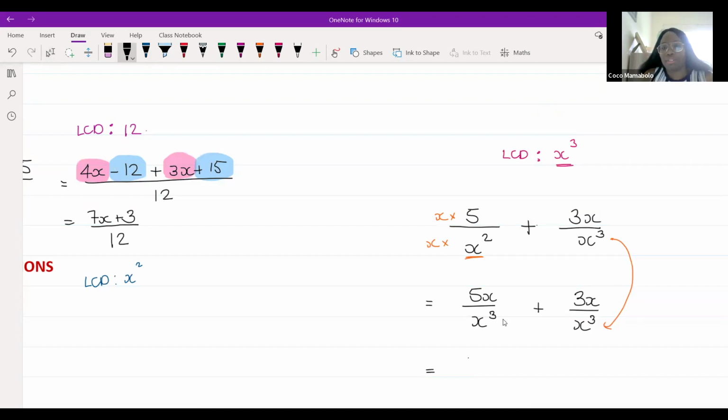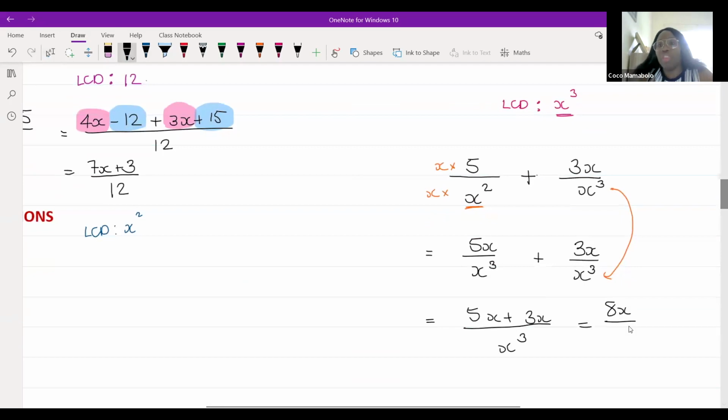So we're going to have 5x plus 3x over x cubed, which is equal to, what do I see on the top? 8x. Correct. 8x over what? Over x cubed. Beautiful, well done.